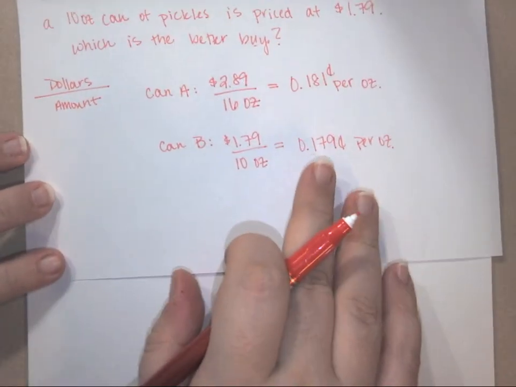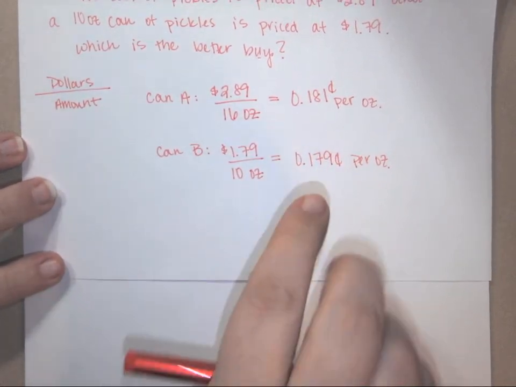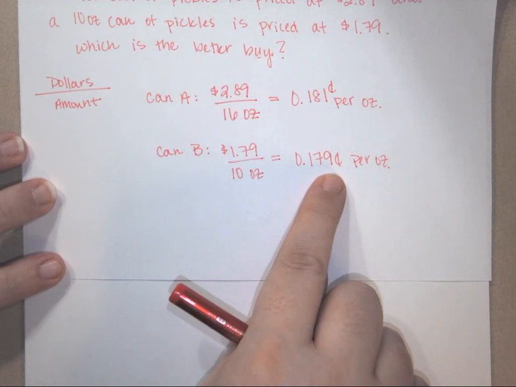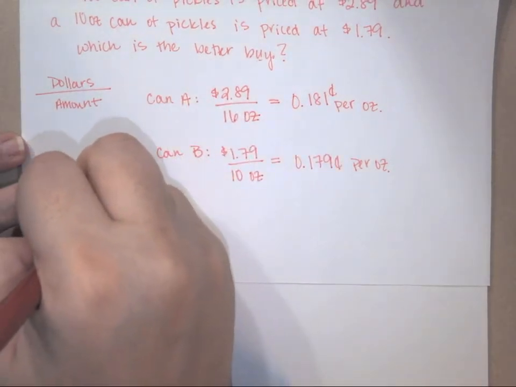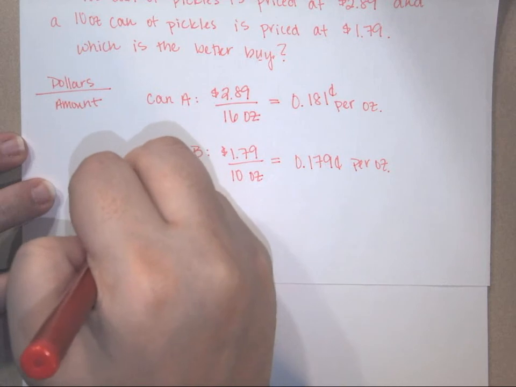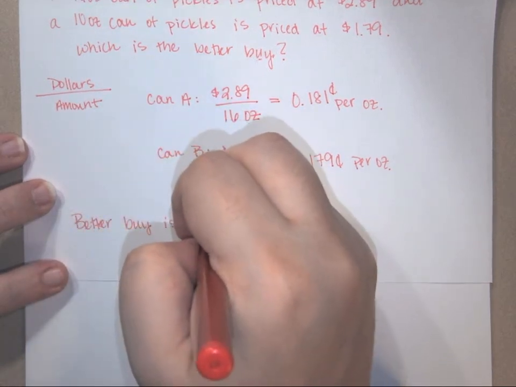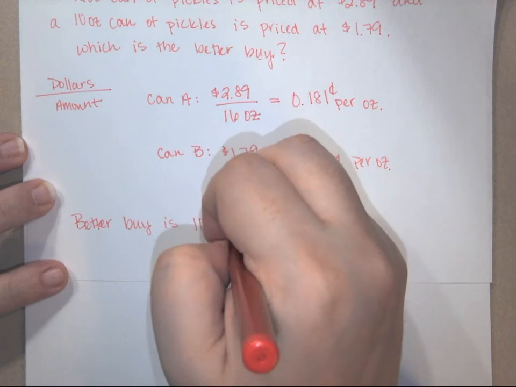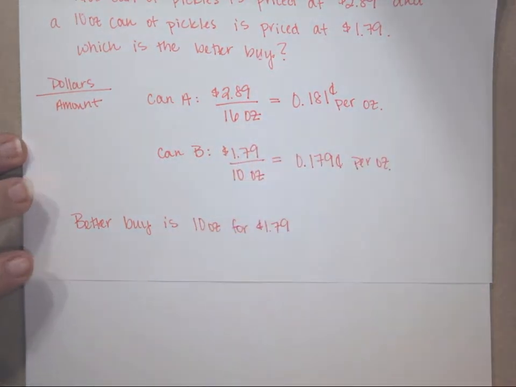So we have a little over 18 cents, and we have a little under 18. So 0.179, 0.181. So in this case, we would say that the better buy is your 10 ounce for the $1.79.